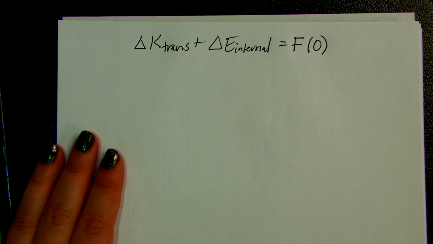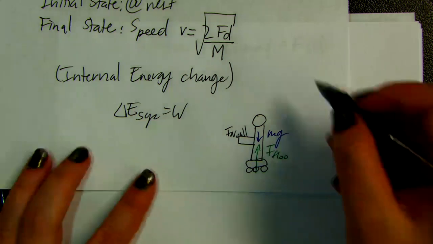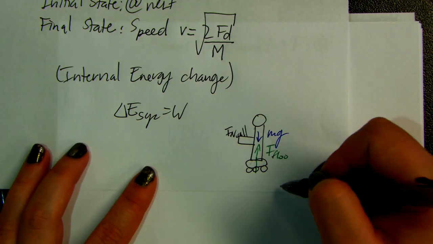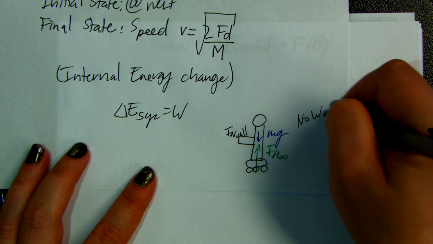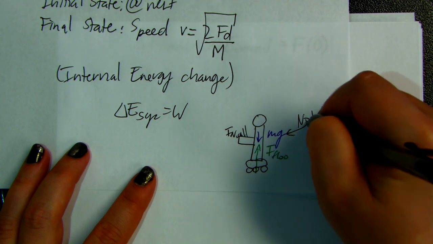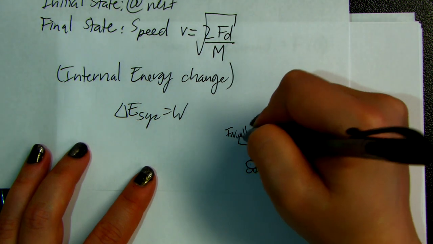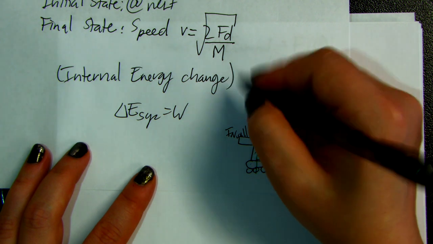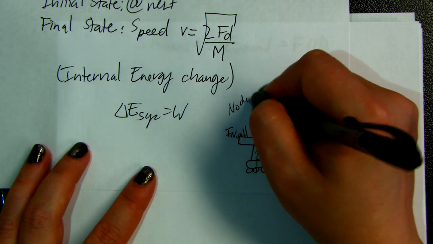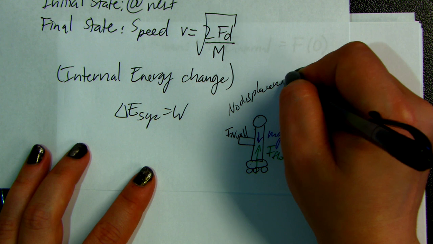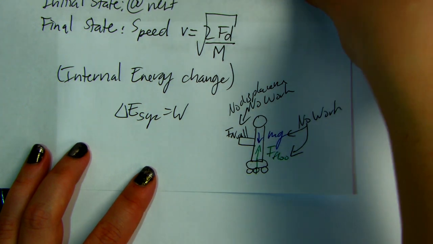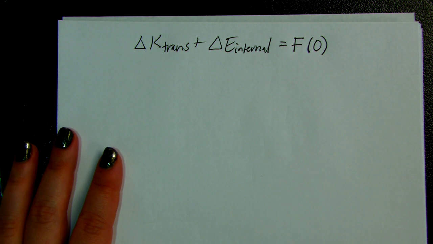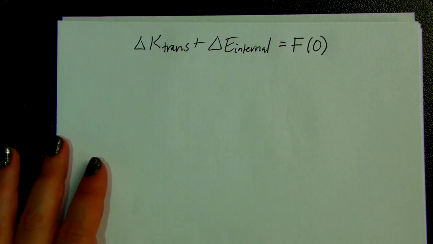What? Why? Well, let's look at this. These are perpendicular to motion, therefore no work. And this is over zero displacement. No displacement, no work. There you go. No work with the extended model.